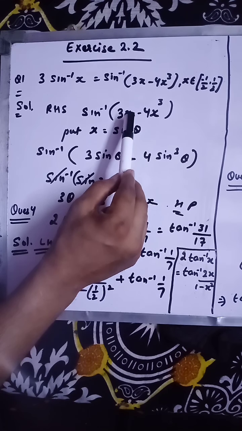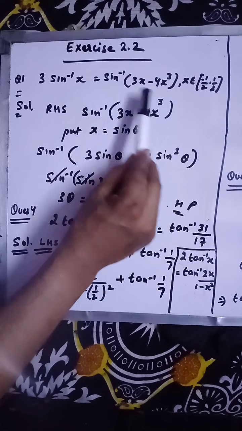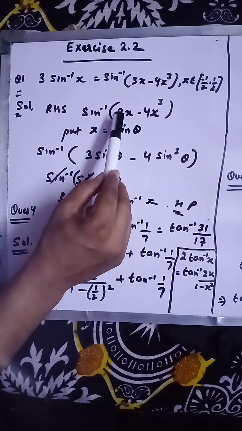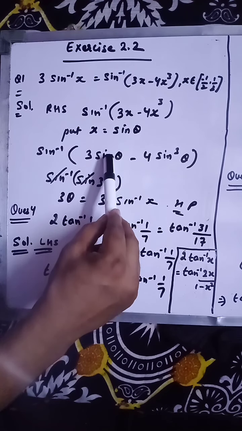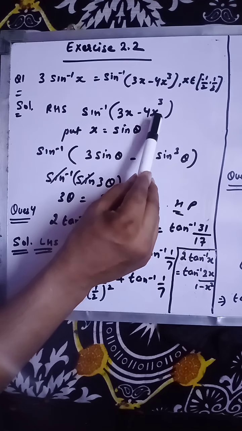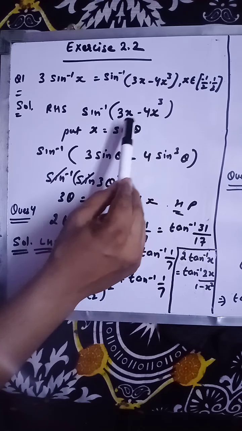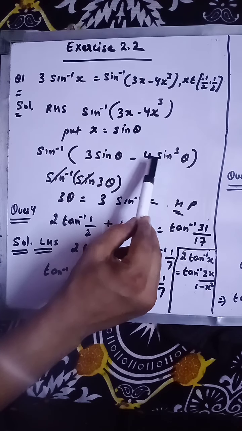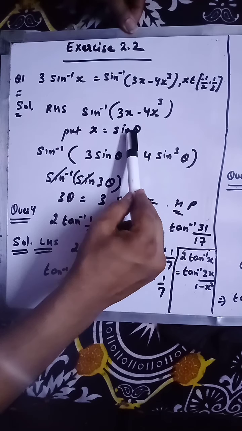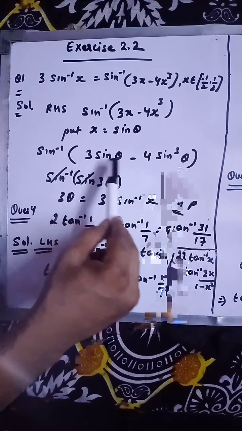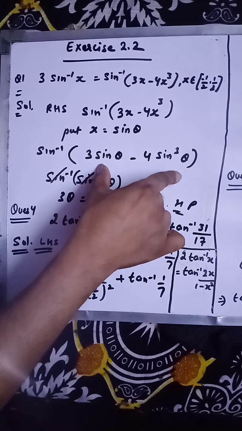If I put x equals sin theta in this formula, you will get sine inverse of 3 sin theta minus 4 sin cube theta, because we are replacing x by sin theta. So you will get this term. Got it? So this is the formula for sin 3 theta.